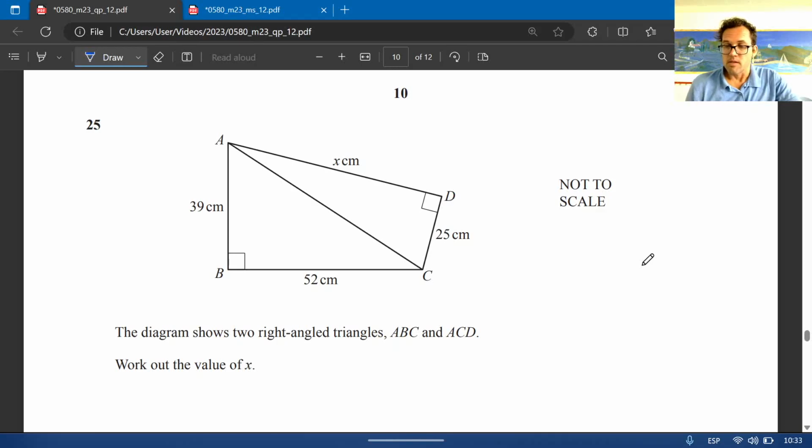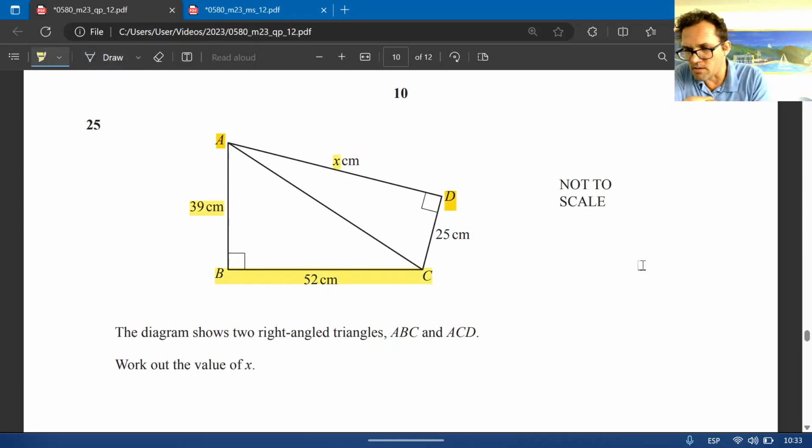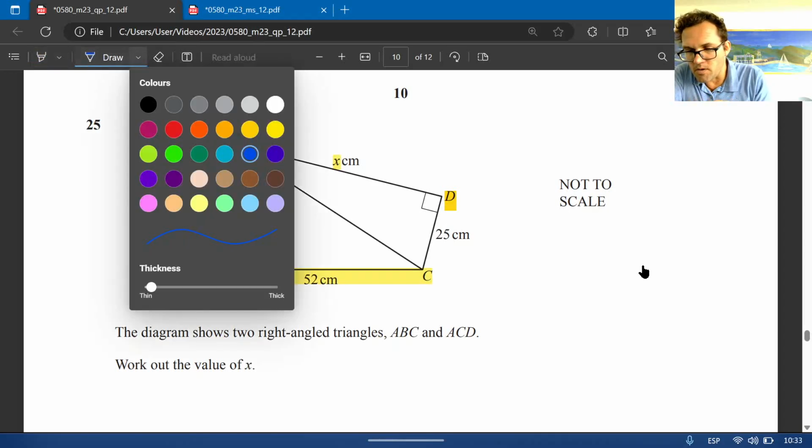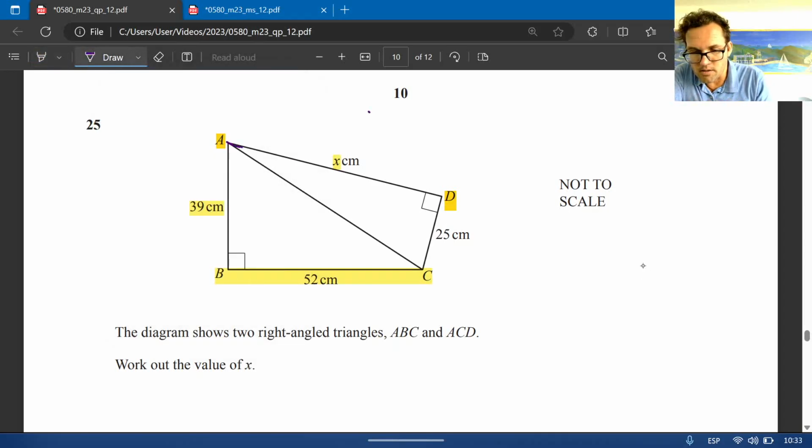Okay, so if we look at triangle ABCD, we don't have enough information. We only got one side. Okay, so we're going to start with the triangle where we have more information.